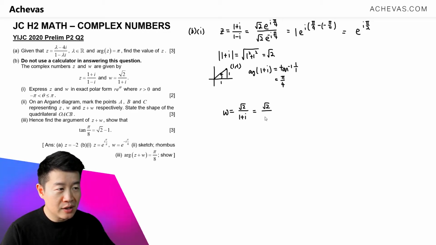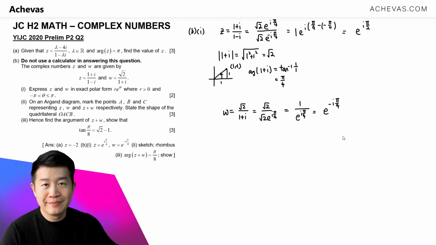It is going to be square root 2 e to the power of i of pi over 4. So this divided by this is going to be 1 over e to the power of i of pi over 4. Applying indices, bringing this to the numerator, we will be getting this as e to the power of minus i of pi over 4.